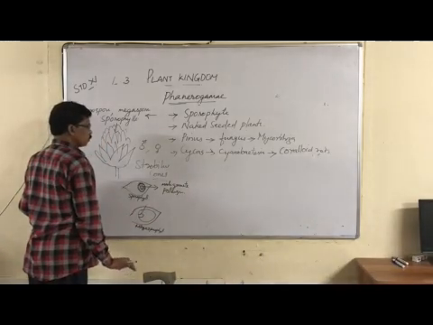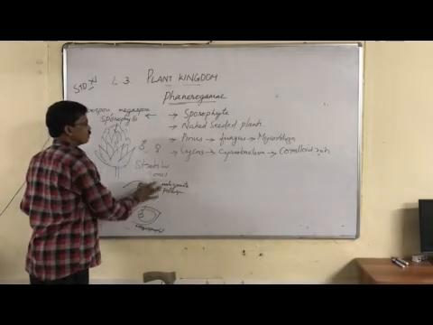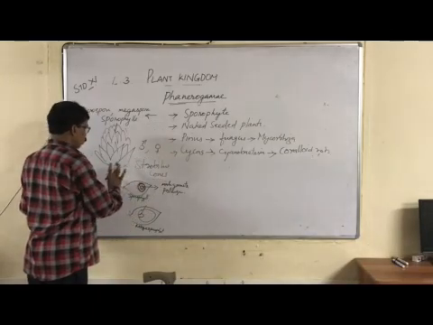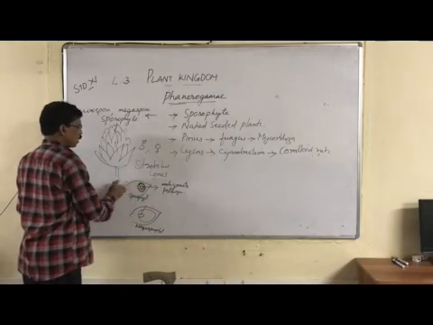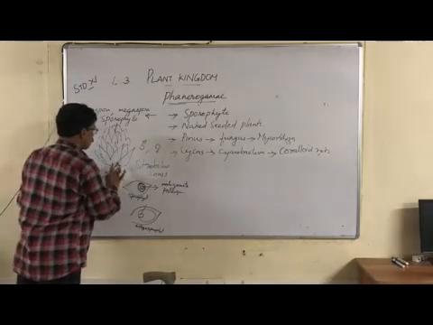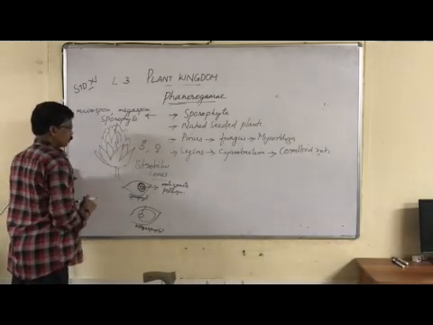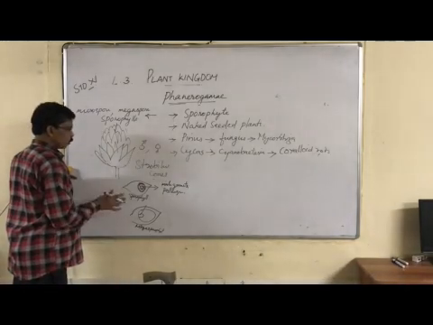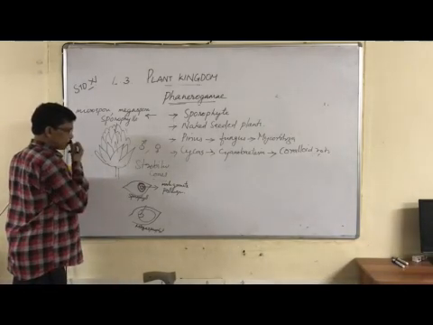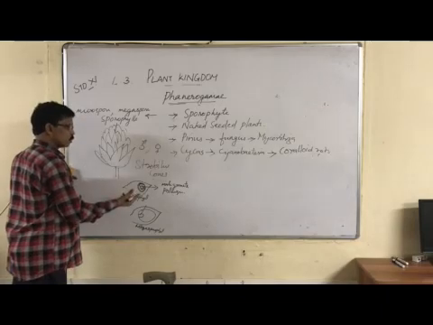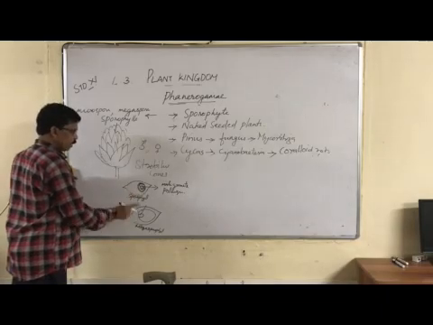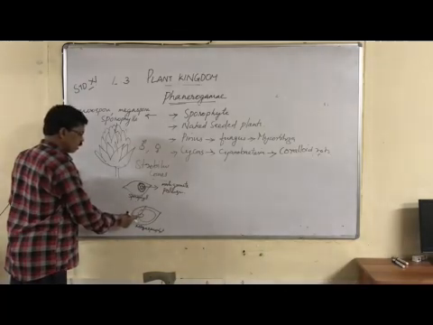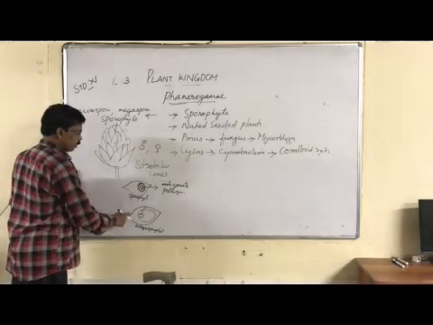So in gymnosperms, the plant body is called sporophyte. Sporophyte contains sporophylls called microsporophyll and megasporophyll. Microsporophyll possesses microsporangium in which microspores are found. Microspores contain the male gamete. At the same time, megasporophyll bears the ovule. Ovule contains the female gamete, the egg.